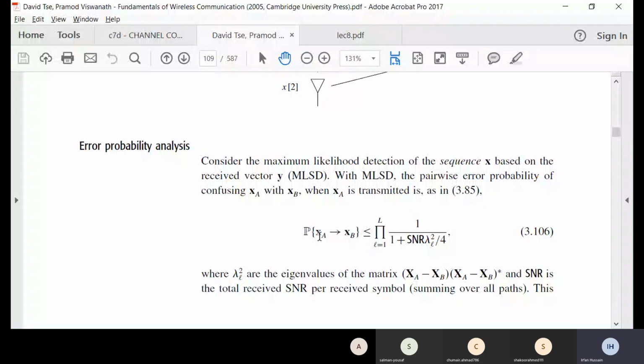Remember, where XA was a sequence, a vector sequence. XB was also a sequence. So we were detecting the sequence in one go. We were now detecting a full-fledged sequence. All right. So that is why our detection will be called maximum likelihood sequence detection. So we saw all of that, and it can provide this much gain.